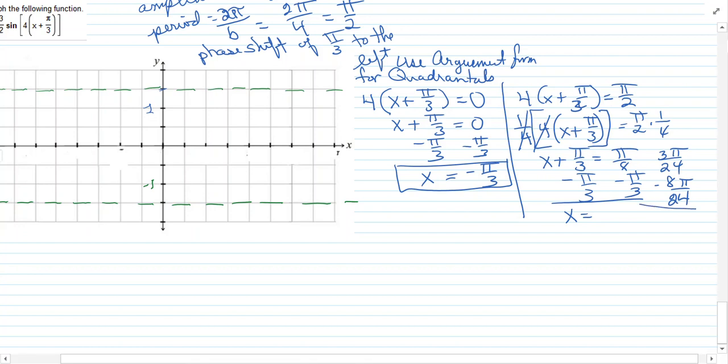And I'm going to get negative 5 pi 24ths. It's an ugly problem, no doubt about it.